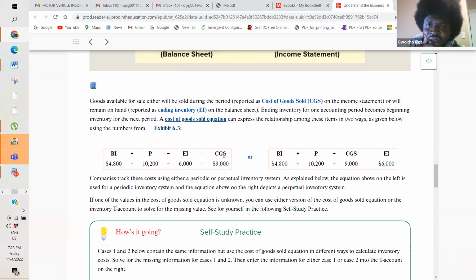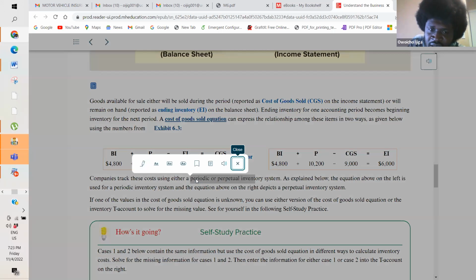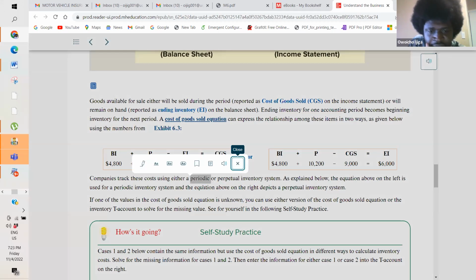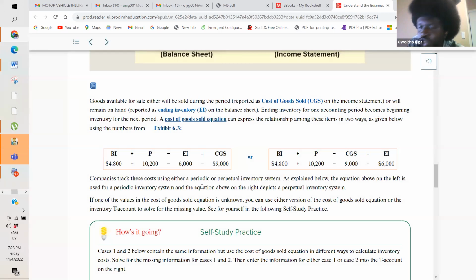There are two kinds of inventory system: the perpetual and the periodic. In the periodic inventory system, the company just does business and does business, and at the end of the period, let's say at the end of the month, they count all the inventory they have remaining, and from there they are able to know their cost of goods sold.